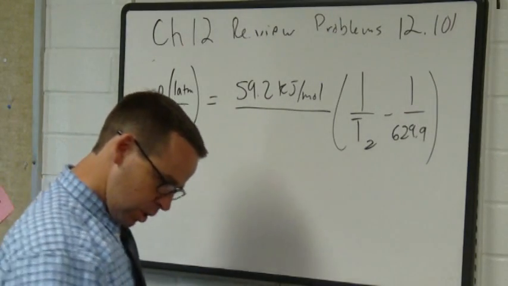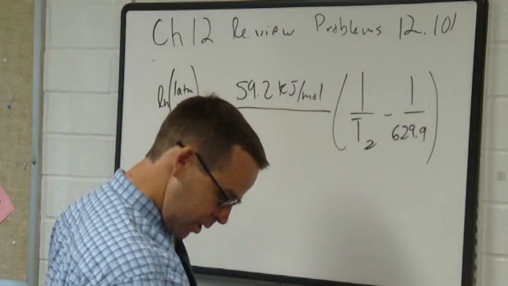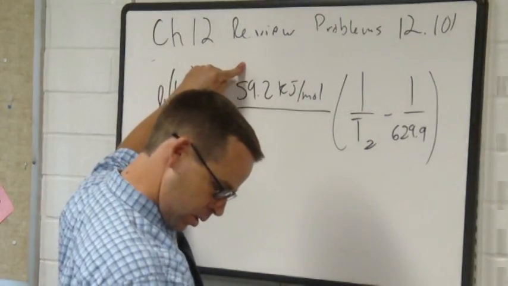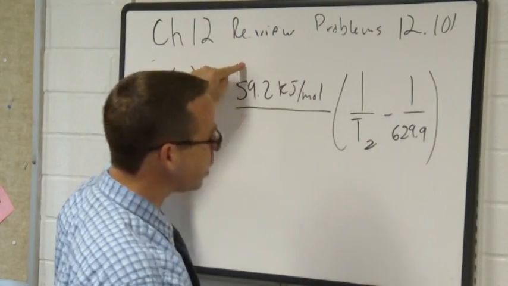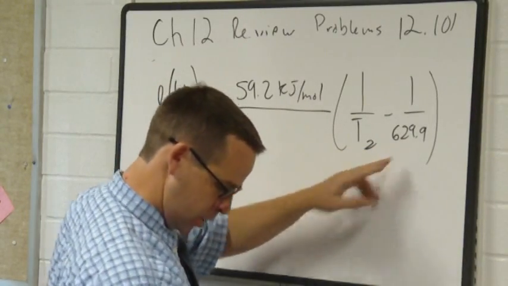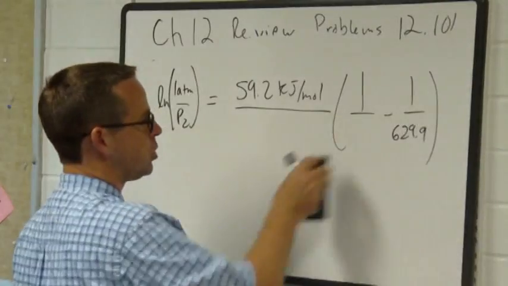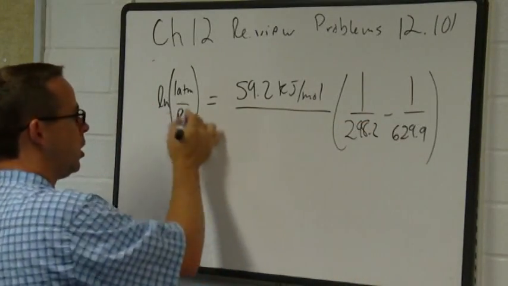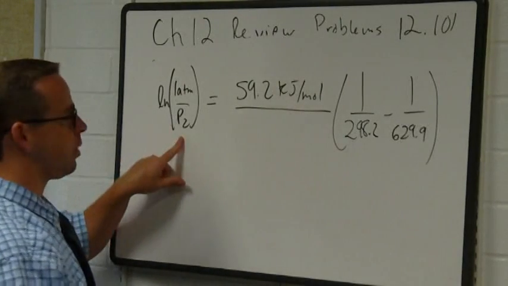Okay? Its heat of vaporization is 59.2 kilojoules per mole. Its normal boiling point is 629.9 Kelvin. What's the vapor pressure at 298.2? So 298.2, and we want to know the second vapor pressure.